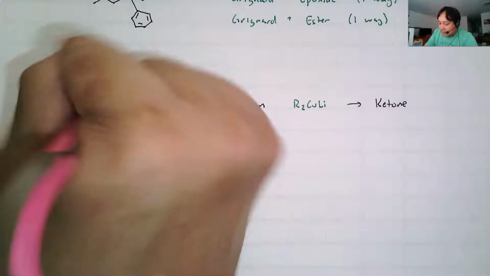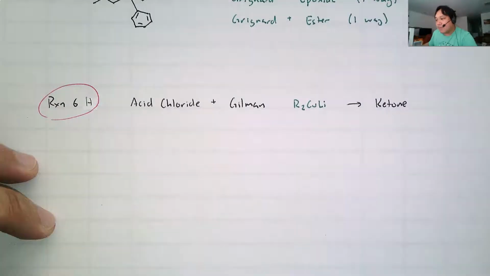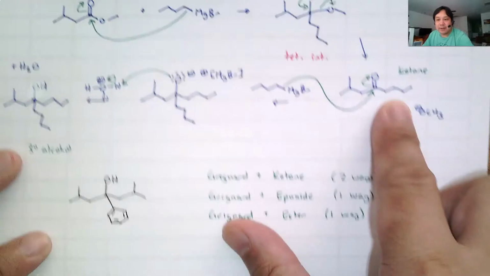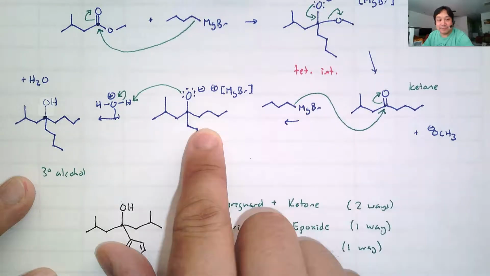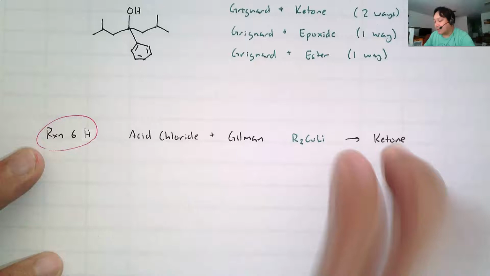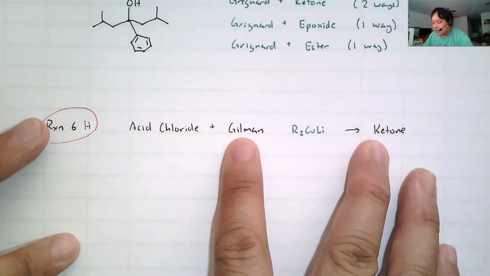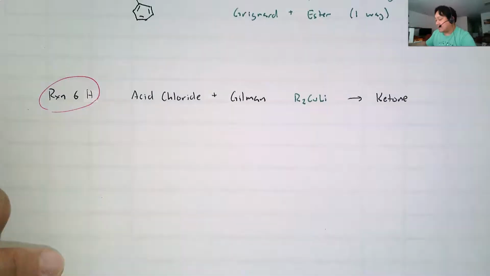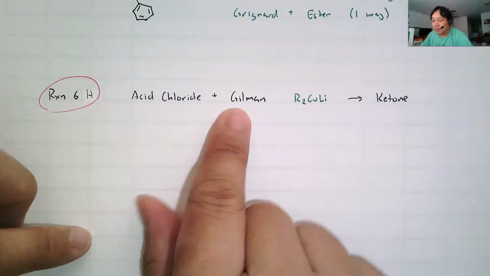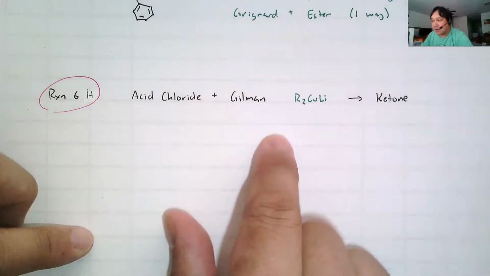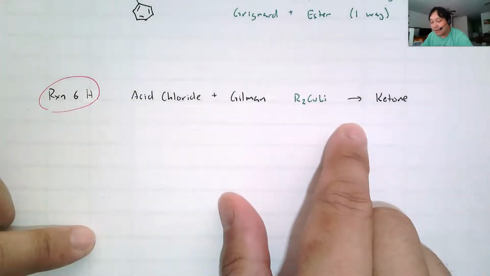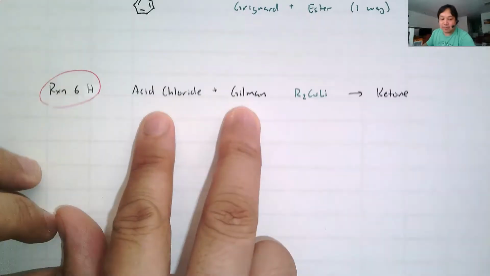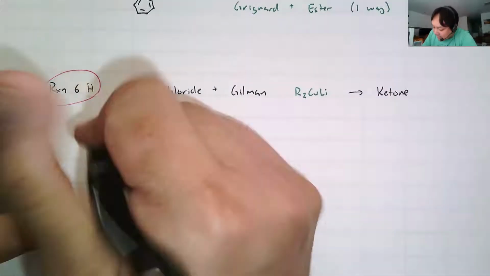Why? Well, maybe because, last time we formed the ketone here, it still kept reacting. But ketones and Gilmans in this reaction don't react with each other. And I teach my class only to use the Gilman to react with an alkyl halide, not a ketone. But here's the second way that we could use a Gilman reagent. Let's take this acid chloride.